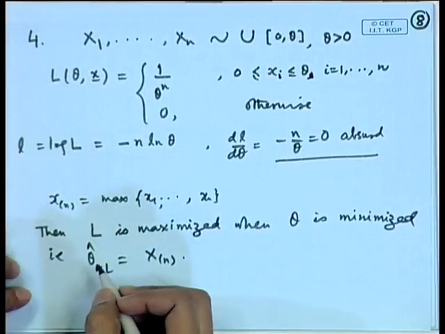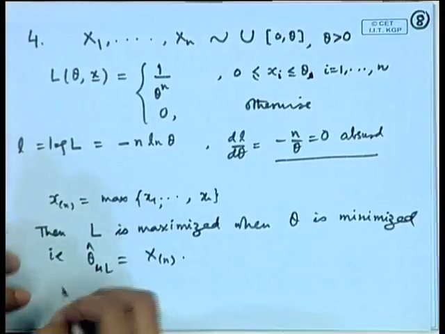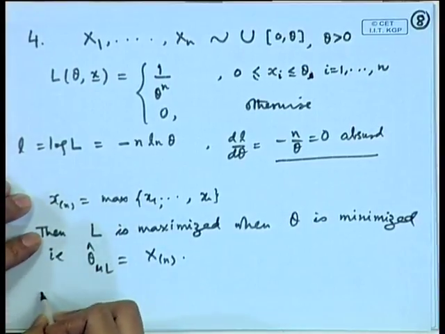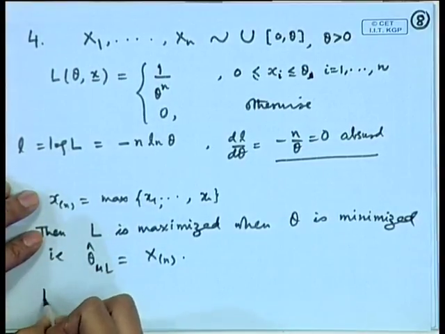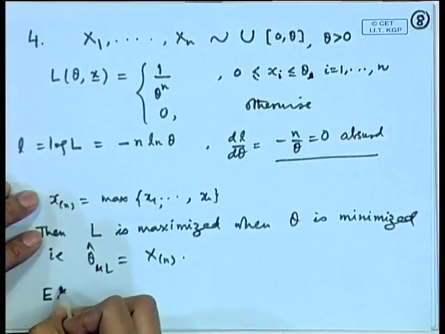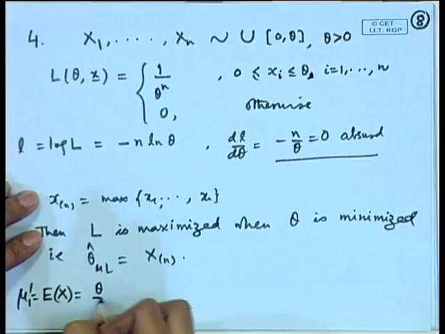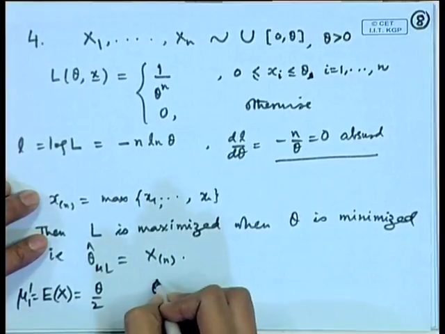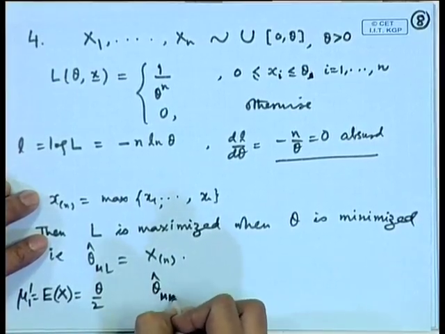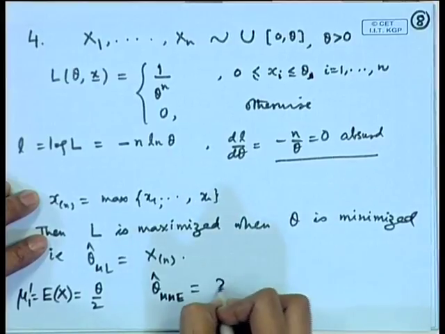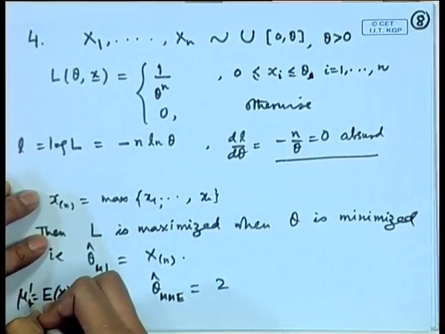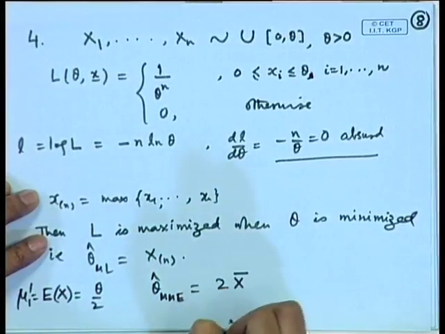Suppose I want to find out the method of moments estimator here. What is that? Consider the mean of this distribution, that is the first moment, that is theta by 2. So, theta hat method of moments estimator will be twice, and in place of mu 1 prime we put x bar.